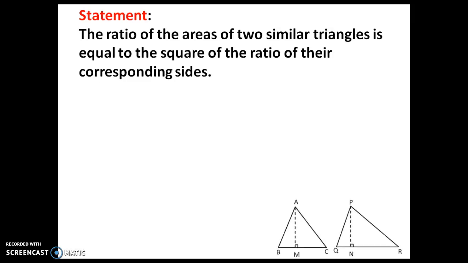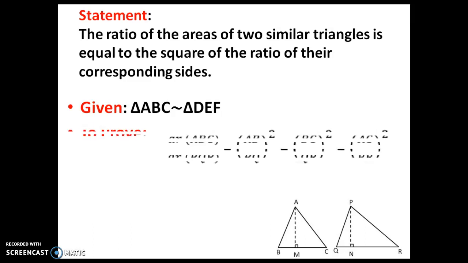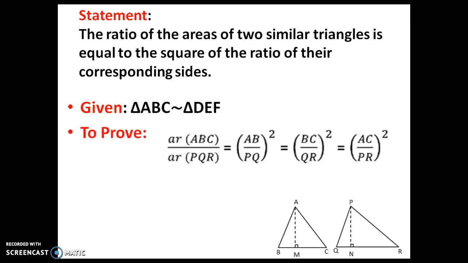Given: it is already given that the triangles are similar. So their sides will be proportional and the angles will be equal. That's a fact we can take from this. Now we have to prove the ratio of the areas: area of ABC by area of PQR.